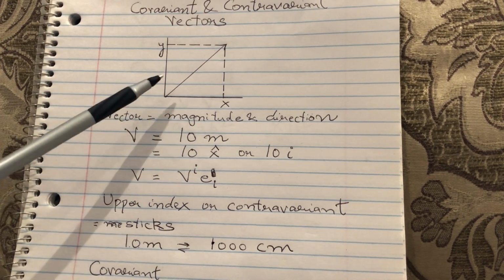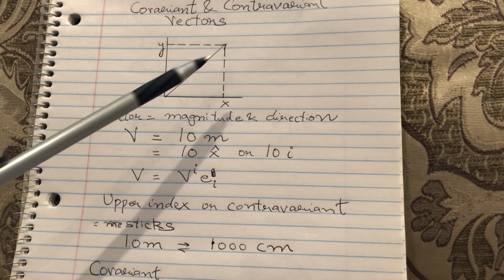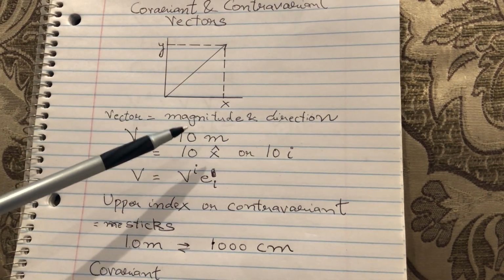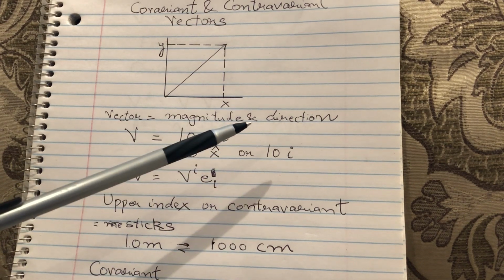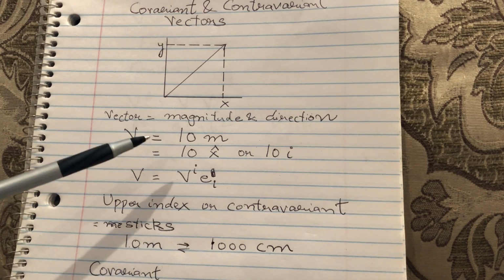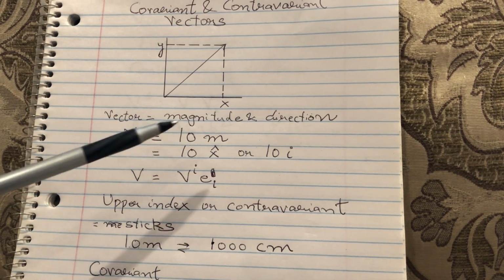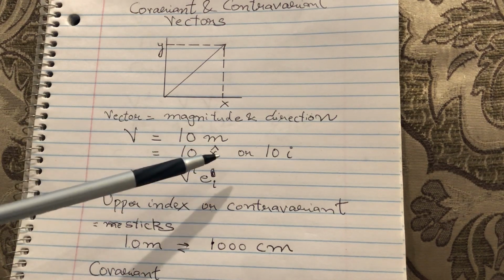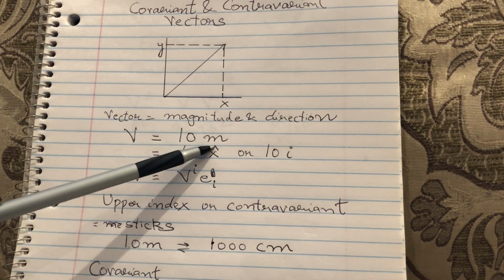This is the simplest coordinate system, and the vector or the pen's projection onto these axes forms the magnitude and the direction. So we can say that the pen, it's not the pen, it could be anything, has a magnitude of 10 meters and it's in the x direction.